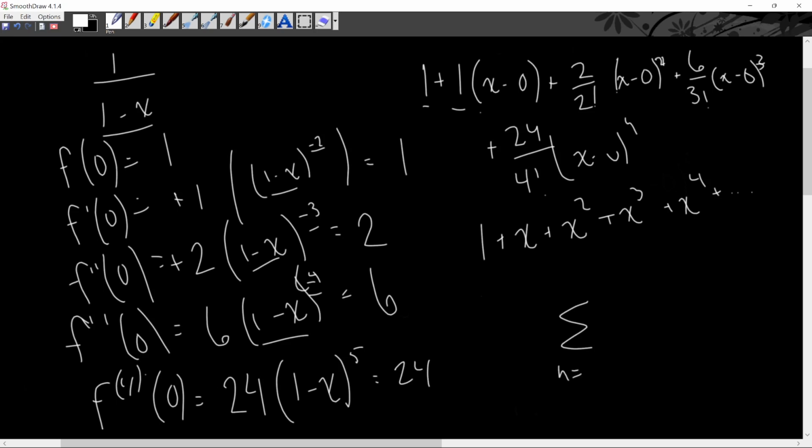This is starting at n equals 0, going to infinity. This is the series x to the n, right? If you plug in n equals 0, you start off with 1, and then you just increase the degree of x, and you just add them together, and that's the series that we have. And this is, again, a geometric series.